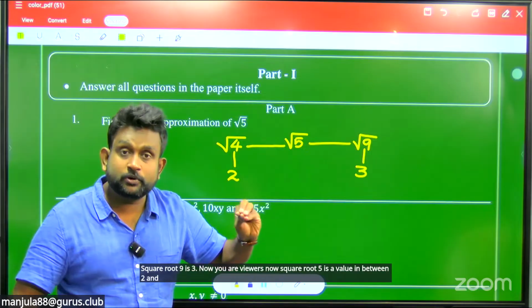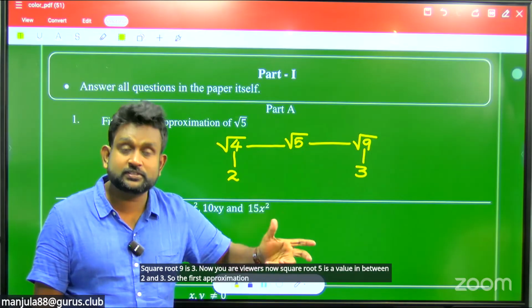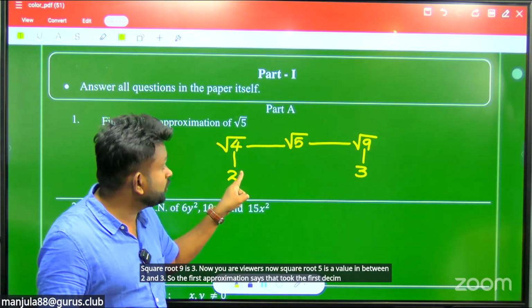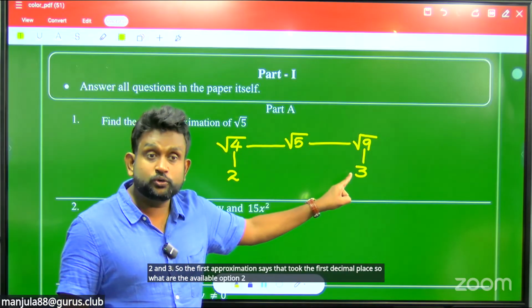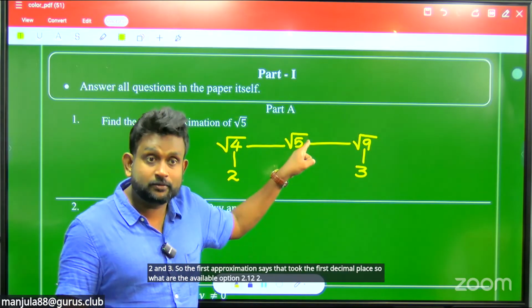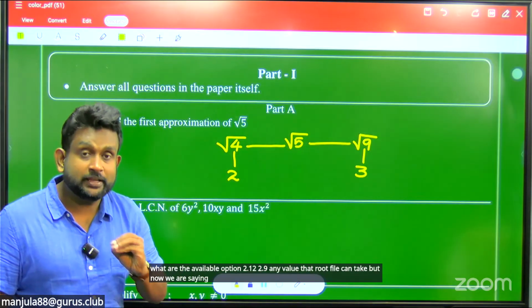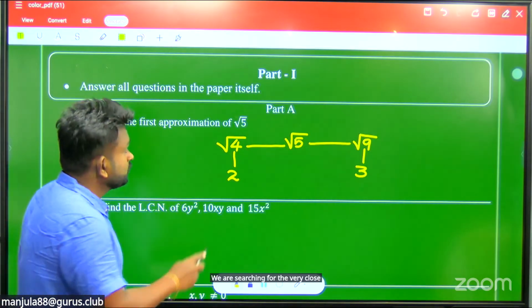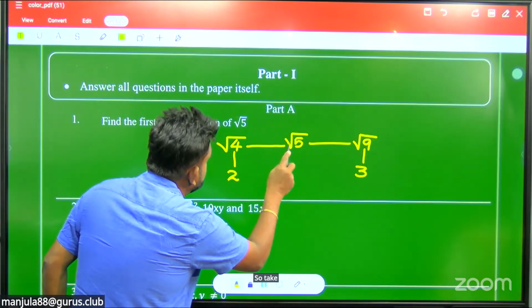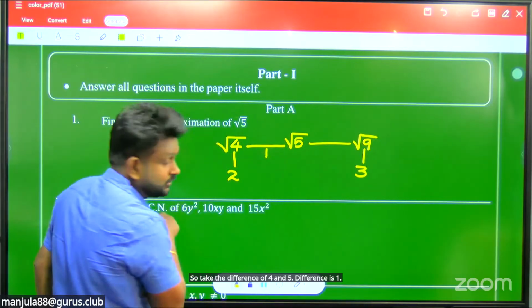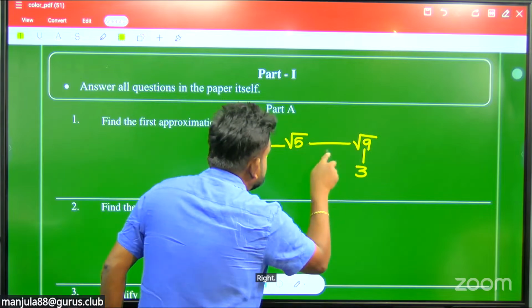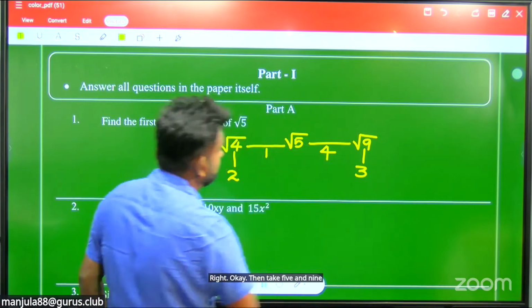The first approximation means taking the first decimal place. So what are the available options? 2.1 to 2.9, any value that root 5 can take. But we are searching for the value very close to root 5. Take the difference of 4 and 5, the difference is 1. Then 5 and 9, the difference is 4.